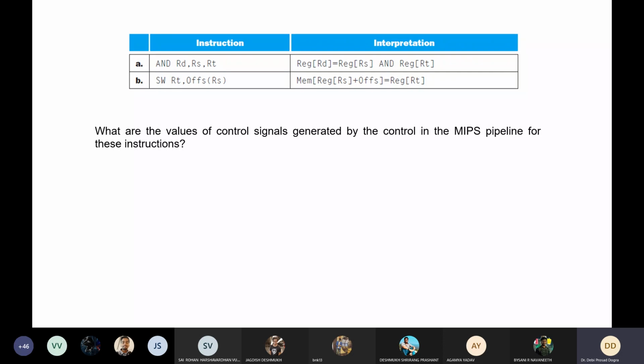The second instruction is store word RT, offset(RS). So the content of register RT will be stored in the memory location pointed to by register RS plus offset.